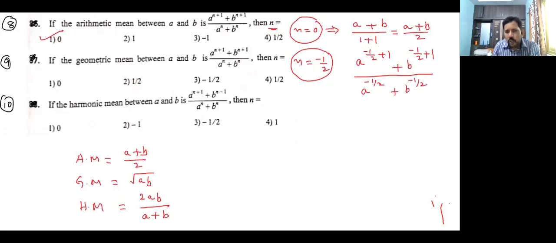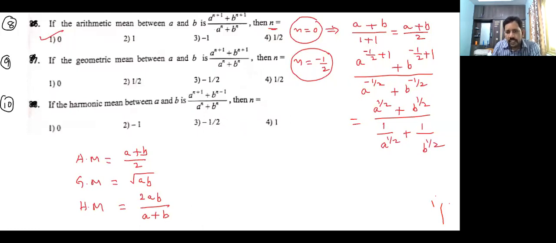Numerator, observe that a power minus 1 by 2 plus 1 means that is a power 1 by 2 only. Here b power 1 by 2, divided by, here a power minus 1 by 2, that is we can write a power 1 by 2, or not, plus 1 by b power 1 by 2.